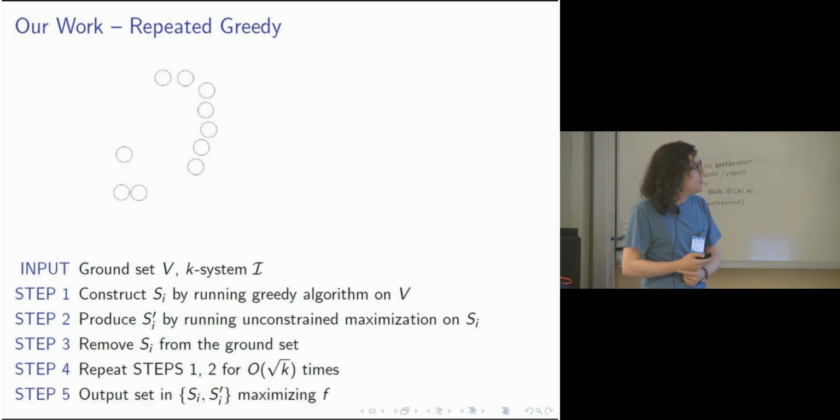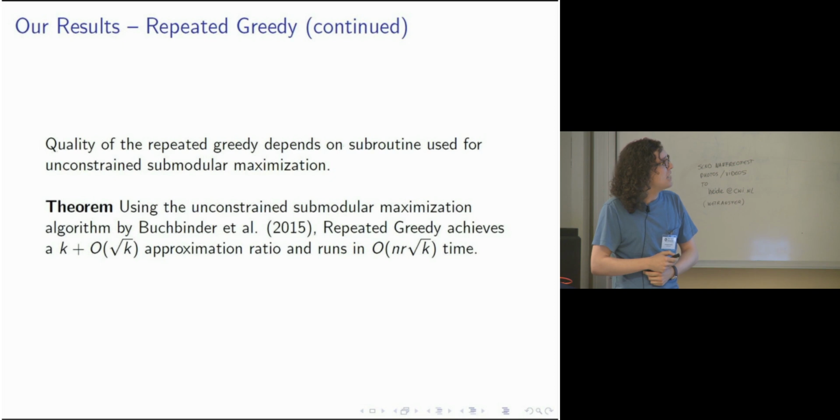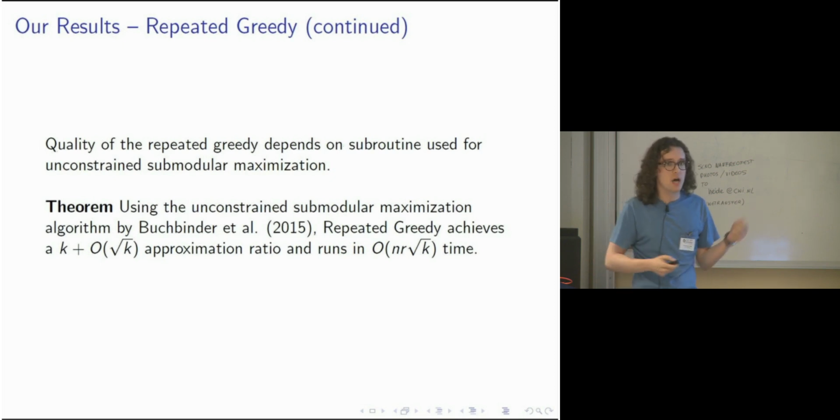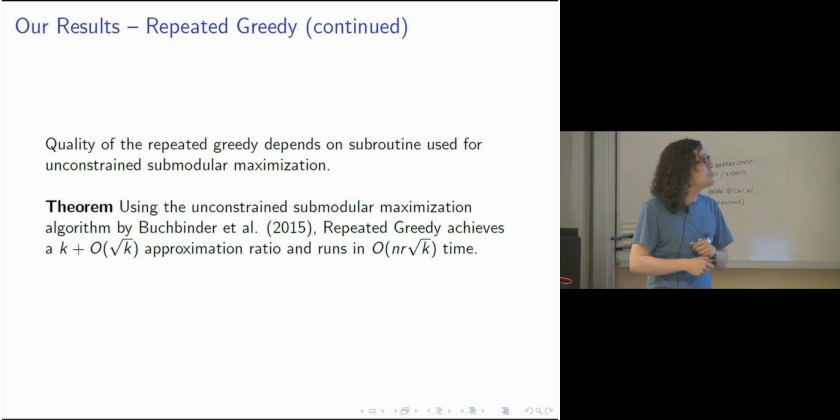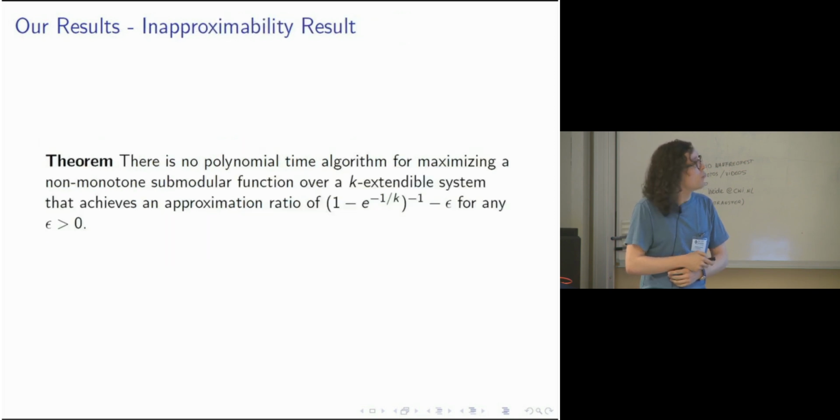Then we're going to return the set that we've gotten this way that maximizes f. All this guarantee depends on the subroutine you use for unconstrained submodular maximization. But using this one here, we can get the guaranteed approximation ratio and run time.